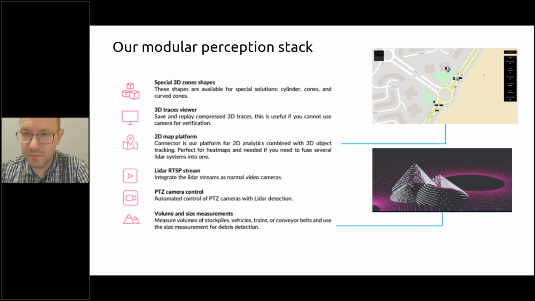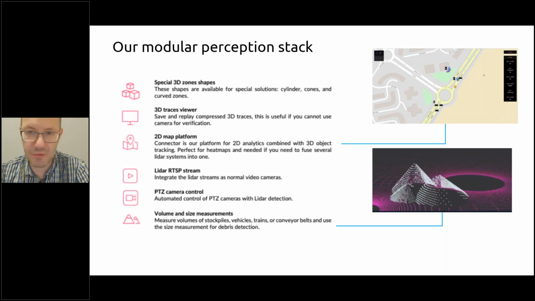For example, a 3D LiDAR can be installed above the conveyor belt to scan the material moving on it, analyze it, and give information about the biggest size of the object on the conveyor belt or the average size of the objects, or send a warning or alarm if the size of the material is changing.